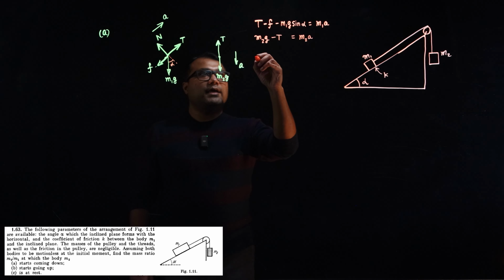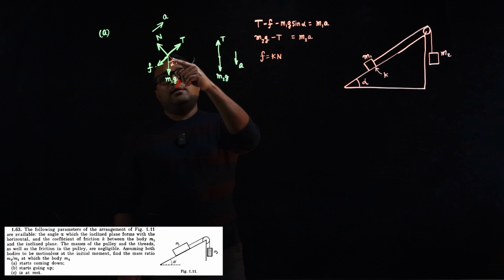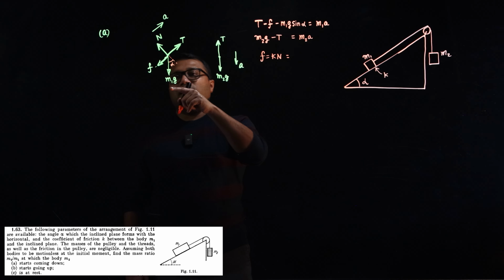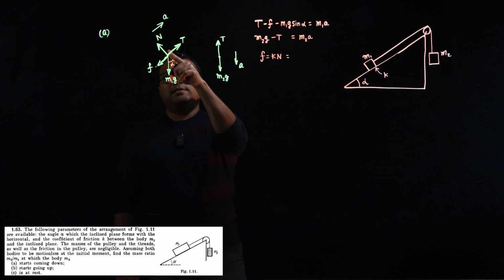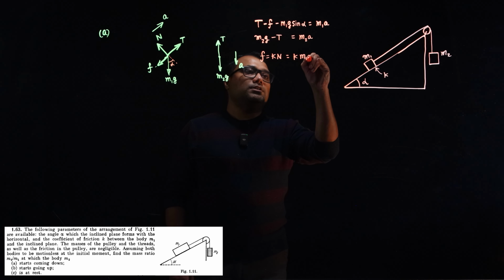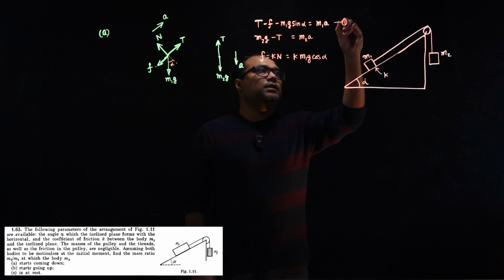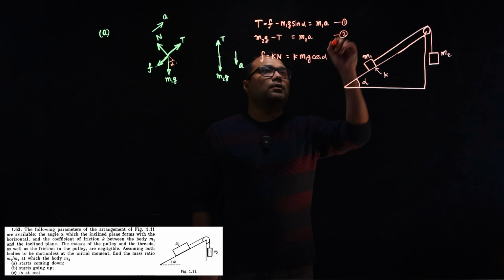Further, because this is kinetic friction, we can write F equals Kn. N is equal to M1G cos alpha. So let this be equation 1, this is equation 2.